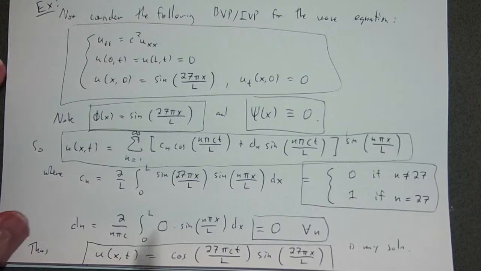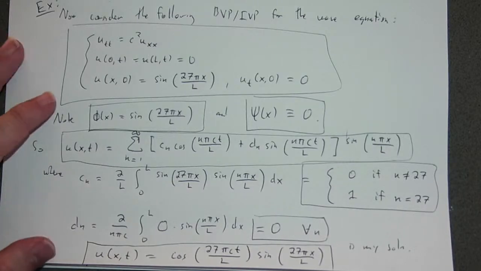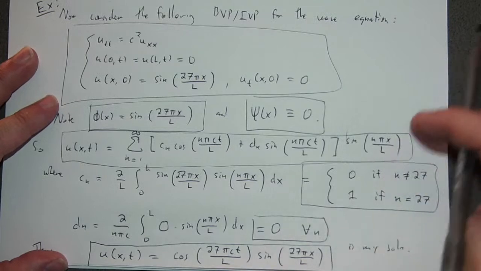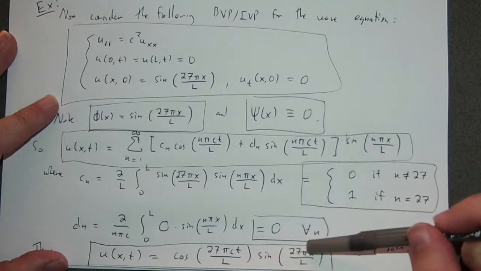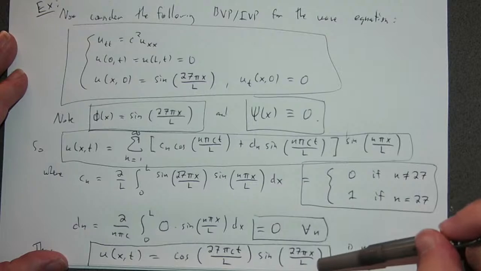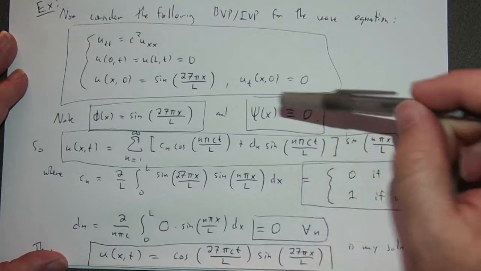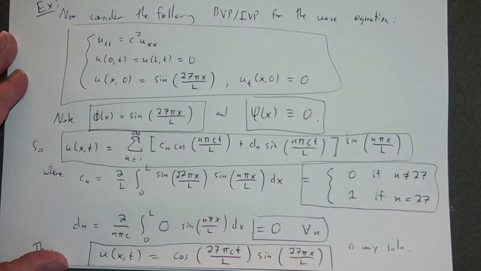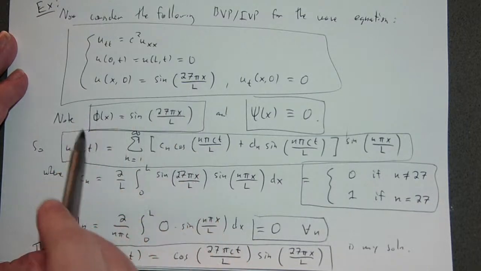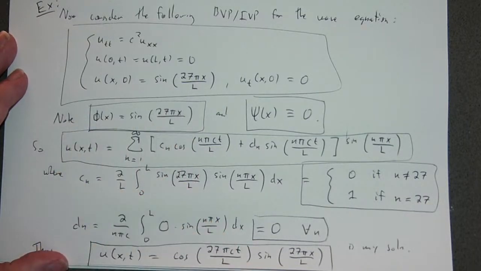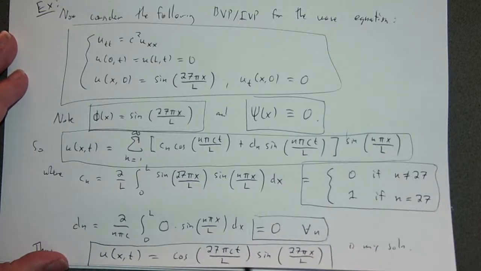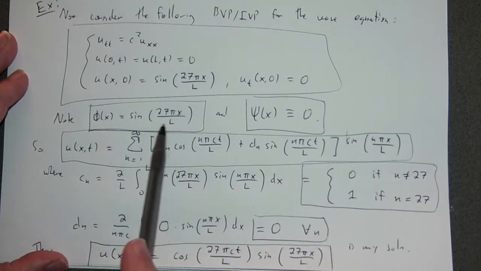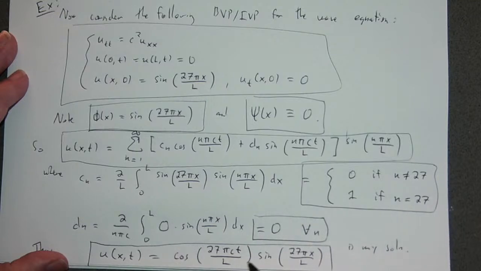But I want you to notice a couple of things, and I'll track some of these on the next page. The thing I want you to notice is sine of 27 pi x over L, that you've seen before in this problem, that's just phi. And so what this solution basically is, is a multiplication of the initial displacement by some multiple, which you can think of as the amplitude part.